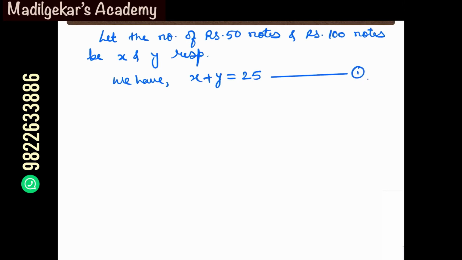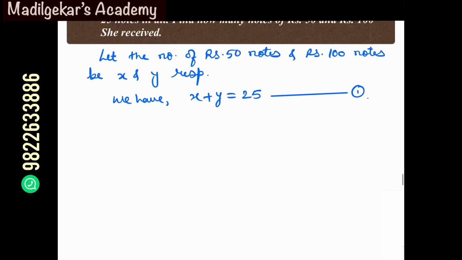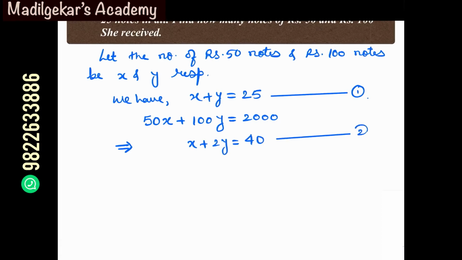Now she got X notes of rupees 50, so 50X, and Y notes of rupees 100, so 100Y. Together she received 2000 rupees, so 50X plus 100Y equals 2000. Let us divide this equation by 50. So we get X plus 2Y equals 40, equation 2.